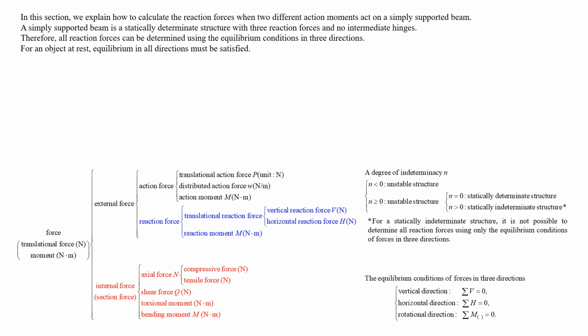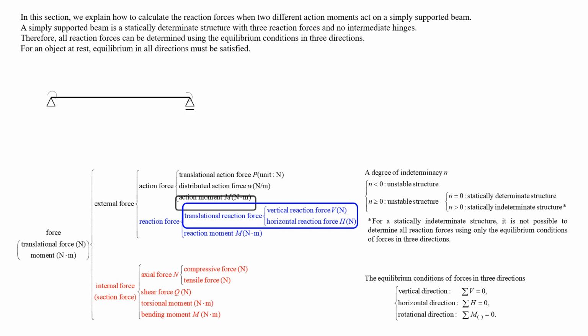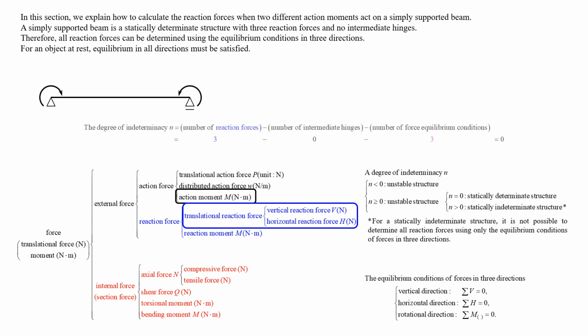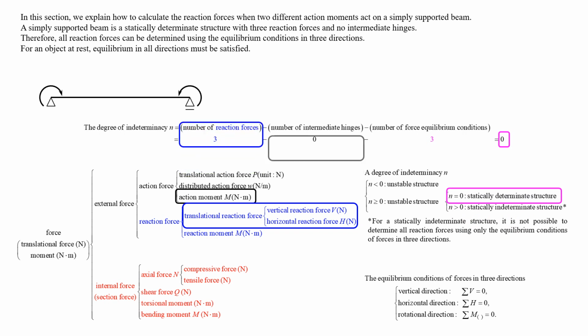In this section, we explain how to calculate the reaction forces when two different action moments act on a simply supported beam. A simply supported beam is a statically determinate structure with three reaction forces and no intermediate hinges.